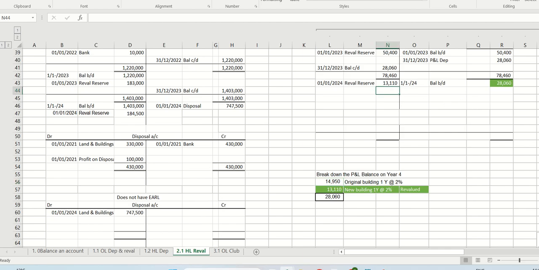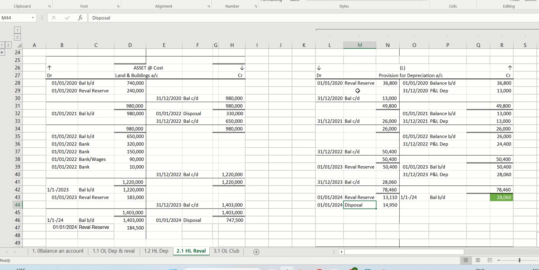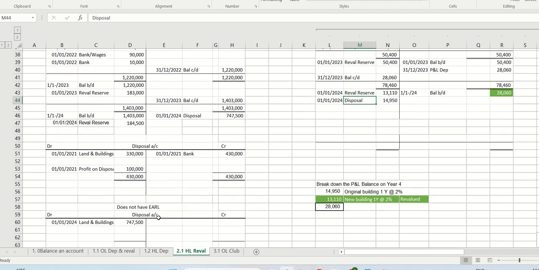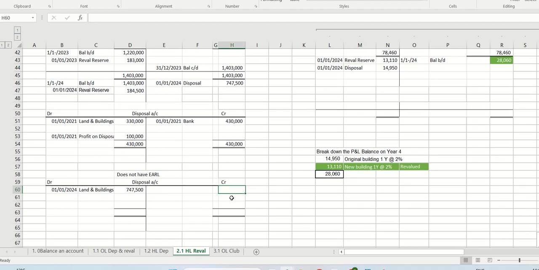Okay, so I've got 1 year at 2% coming out of there and going to the disposal account. So the 1st of the 1st, 24, debiting our provision for depreciation account. I hope the scrolling isn't confusing. So I'm debiting the provision for depreciation account 14,950, and I'm going to credit my disposal account 14,950, with all of the depreciation relating to the asset that was sold.